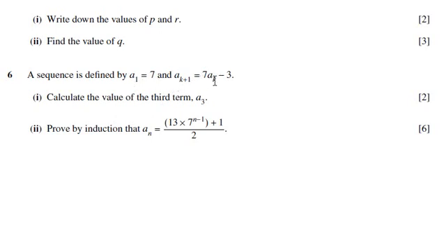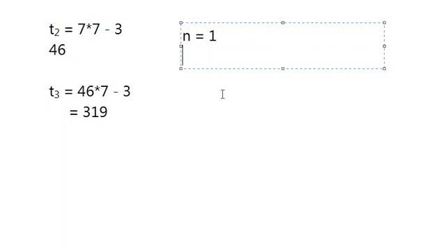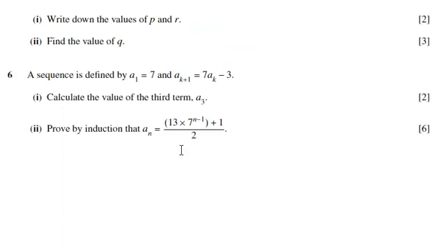So basically, every time you do anything with the number, you multiply it by 7, then subtract 3. So, by induction, we need to show that n equals 1 is true from the first place. So, if n is 1, then the term of this big thing will be equal to 7. So let us try that out.